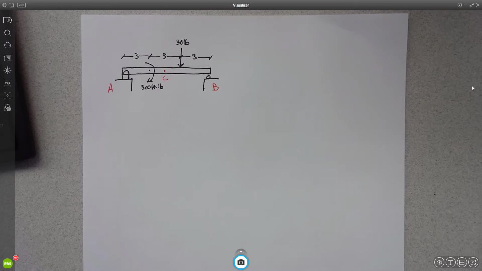Are we moving on to the next lesson today? Yeah, we are moving on to the next lesson, but I want to make sure you can do this one before we move on to the next.